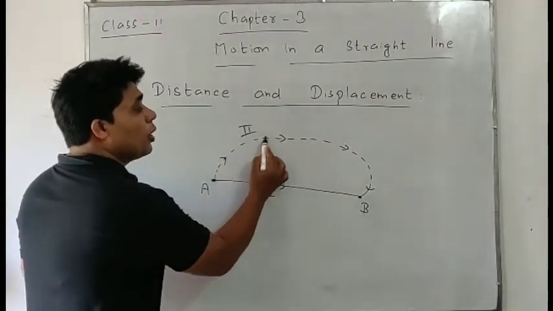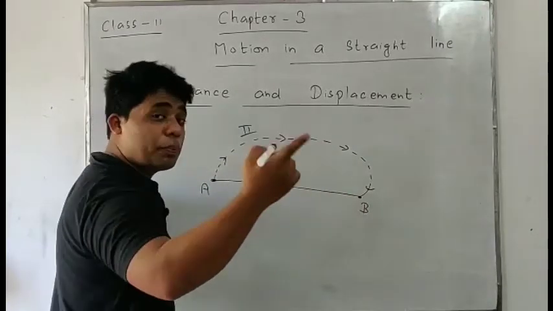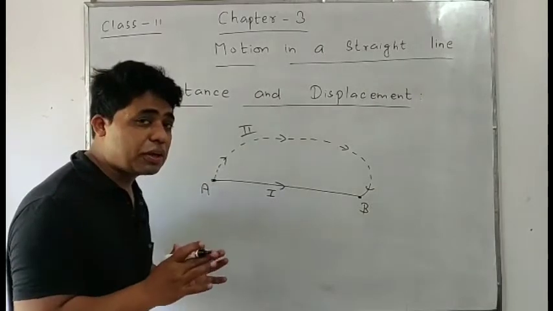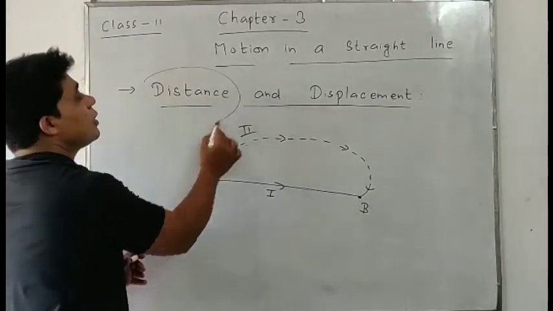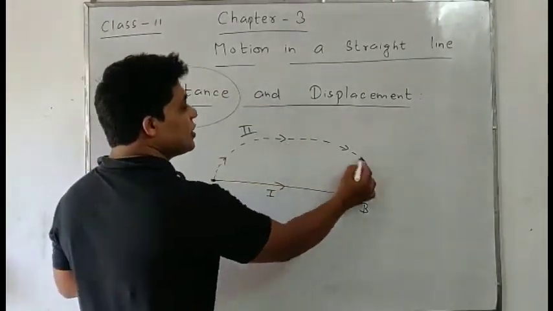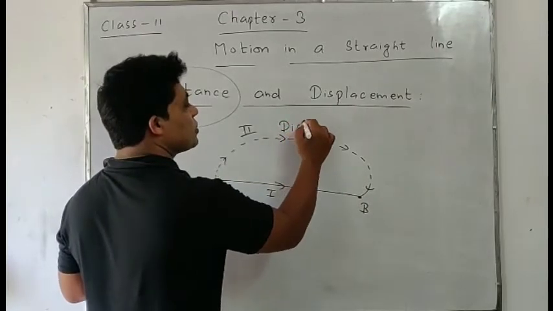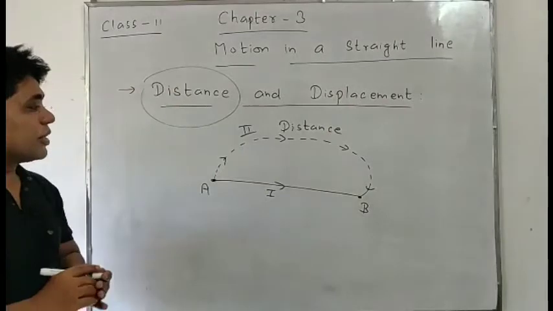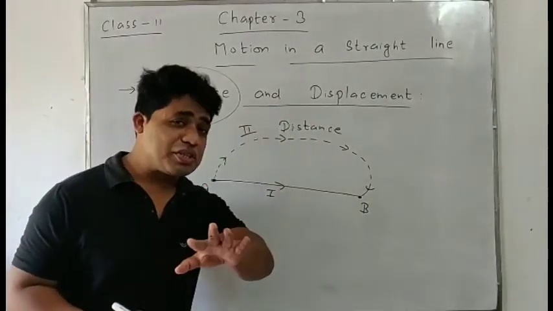So the total path traveled by an object is said to be distance. The second path is also distance.